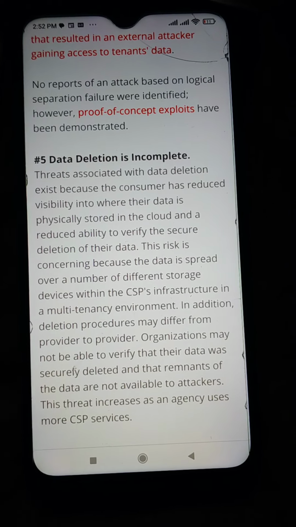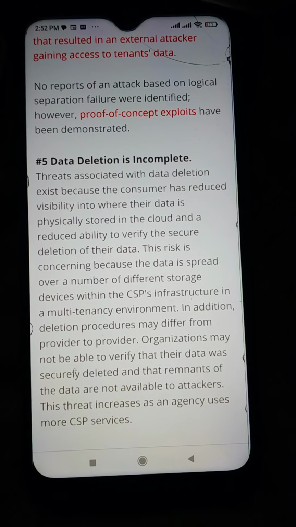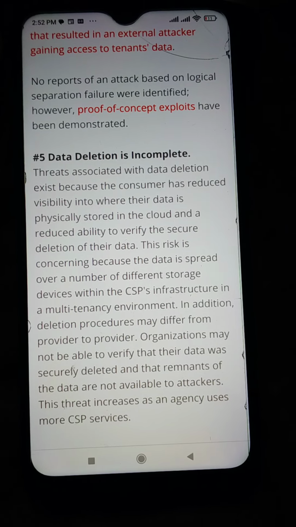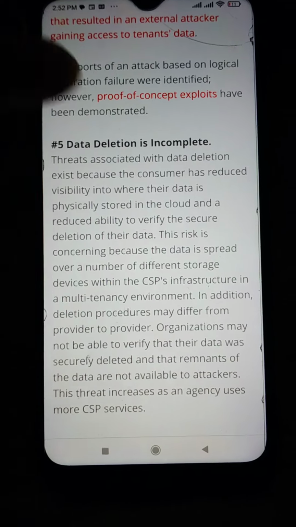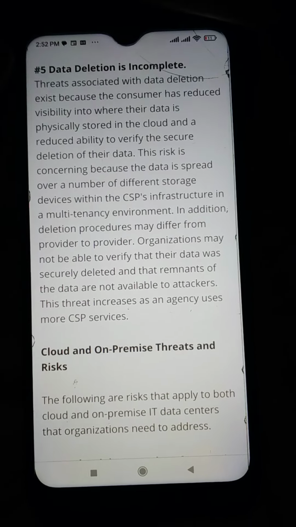In addition, deletion procedures may differ from provider to provider. Organizations may not be able to verify that their data was securely deleted and that the remnants of the data are not valuable to attackers.